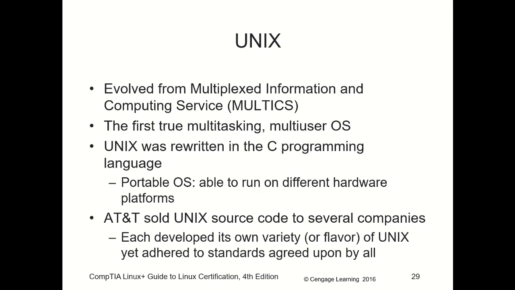Unix was written in the C programming language, rewritten as a portable operating system able to run on different hardware platforms. AT&T sold Unix source code to several companies. Each developed its own variety or flavor of Unix, yet adhered to standards agreed upon by all.